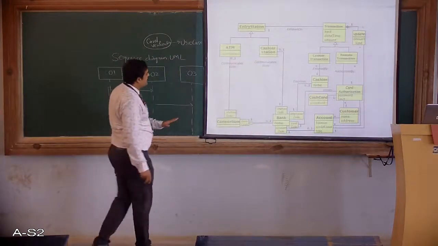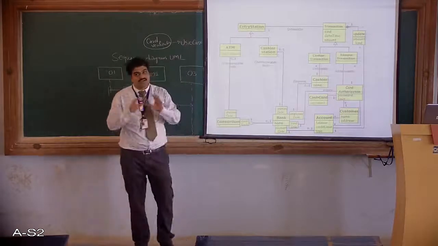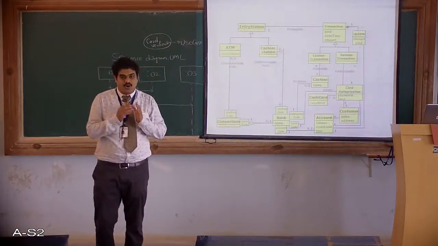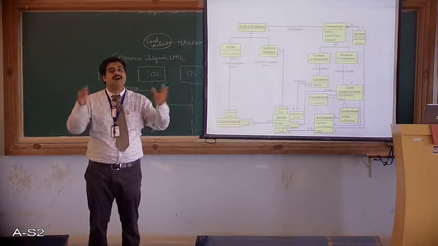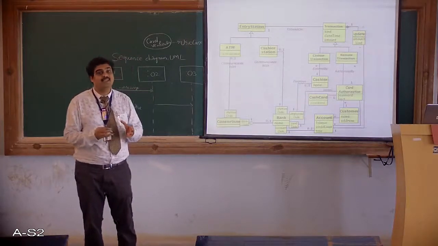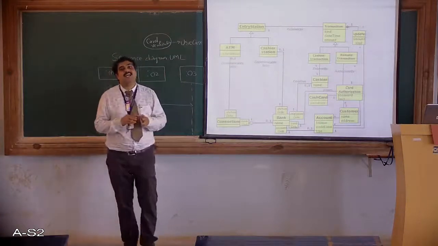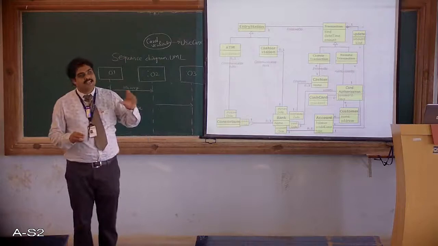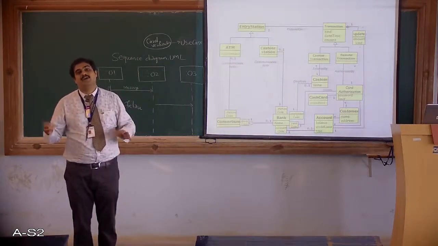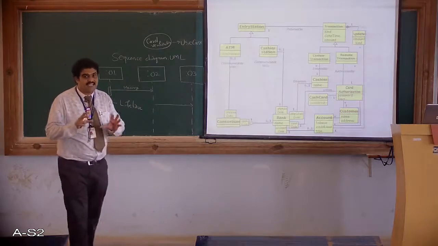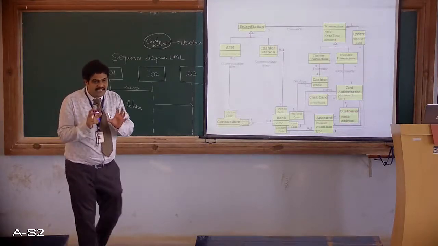So for this particular class diagram and the use case diagram we have drawn, we need to check at the end whether all the functionalities are really matching or not. That is what they say: check the drawn class model against your application analysis interaction model.